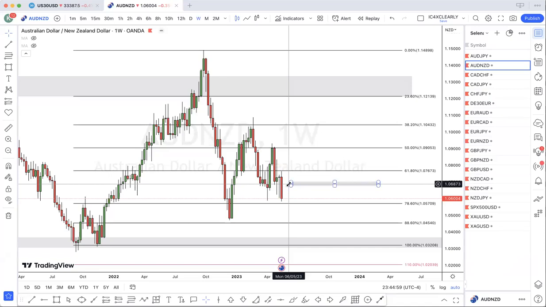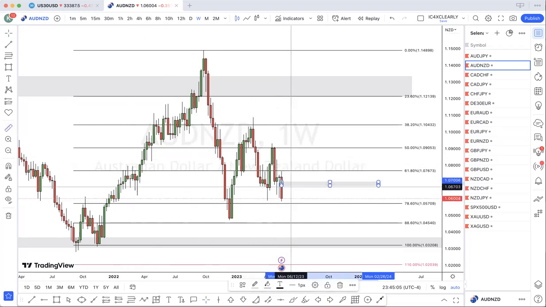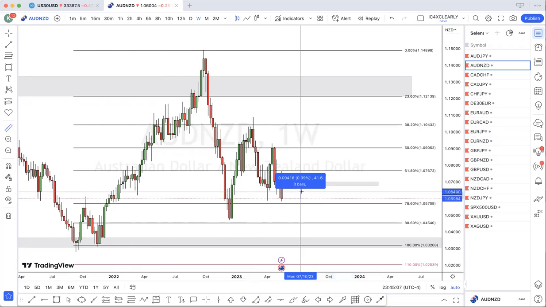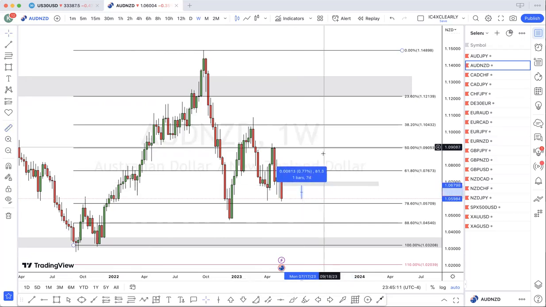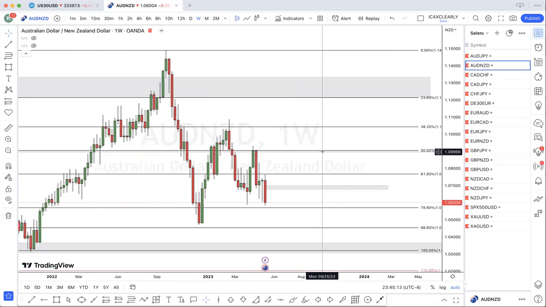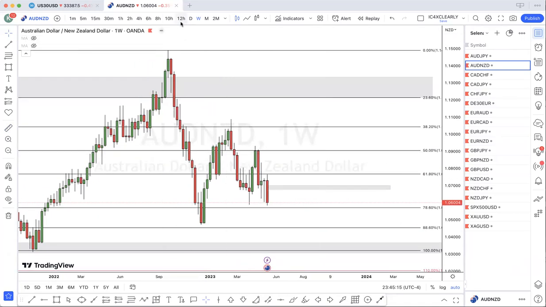Although those wicks are long on both of those candles. So we're talking possible pullback of maybe 80 pips. So I would just say be aware, because this tap in will be very minimal.